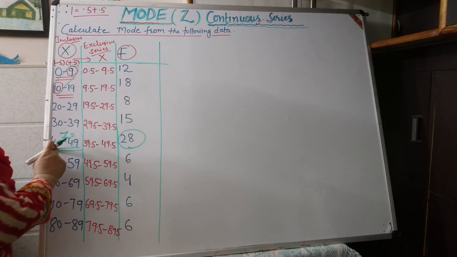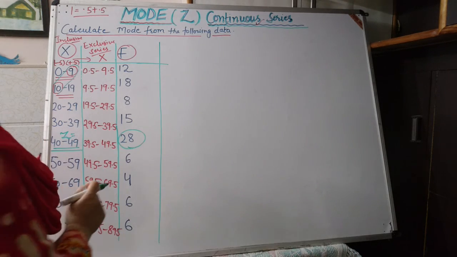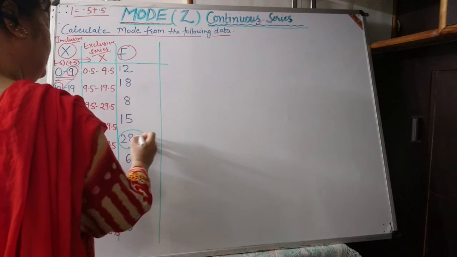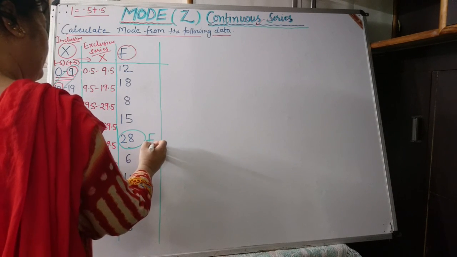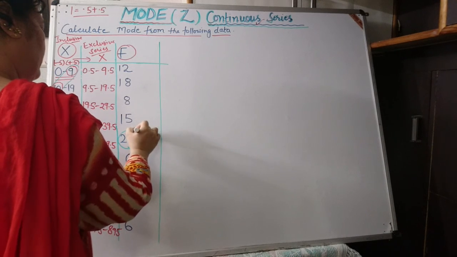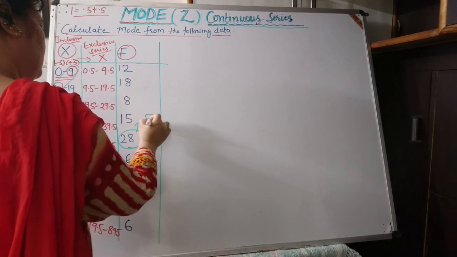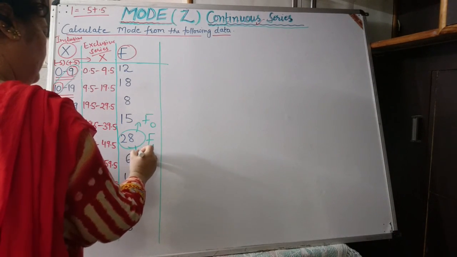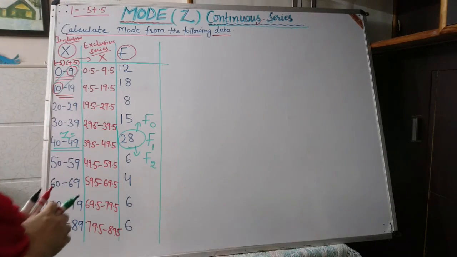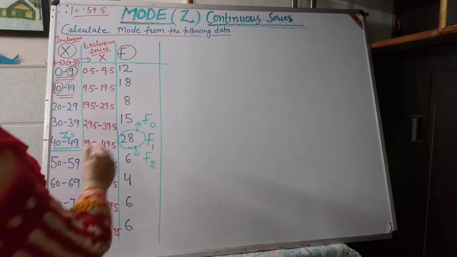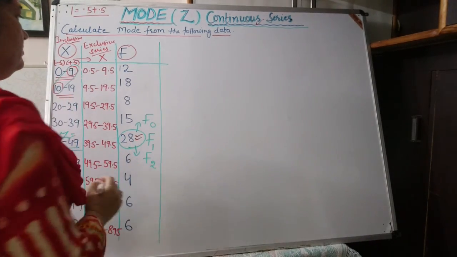We will write 28 as F1, the previous frequency as F0, and the next as F2. We will tick mark the highest frequency.